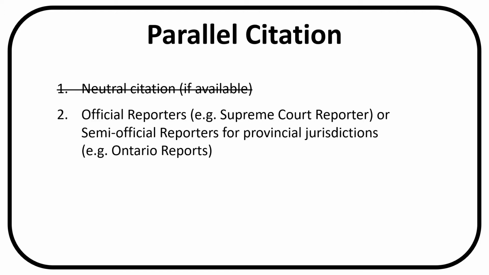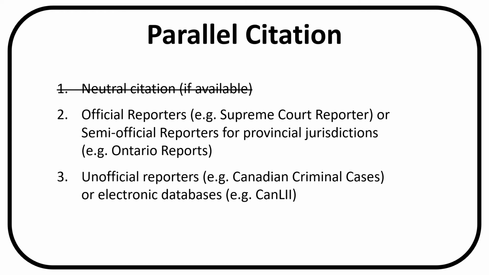Additional sources should be cited in the following order. Official reporters, such as the Supreme Court Reports, or semi-official reporters, such as Ontario Reports. Lastly, list citations to unofficial reporters or online databases.